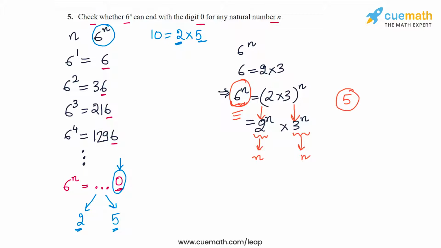Hence we can conclude that 6 to the power n will never have a 0 at the end of it for any value of n. So the answer to this question is 6 to the power n can never have its ending digit as 0. And with that, question 5 is done.